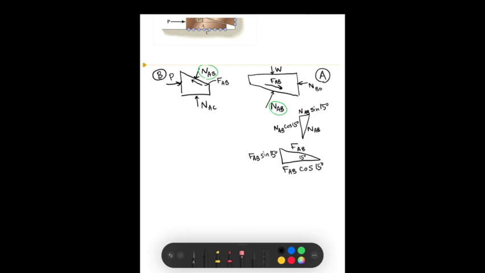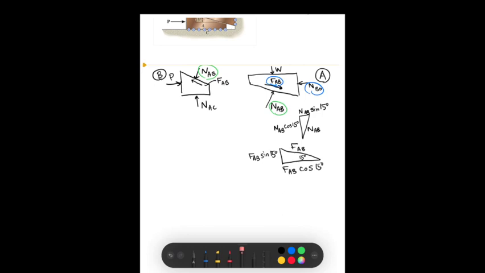Okay, now the issue that we'll have is that there's still more unknowns than the number of equations that we could make. So there's one unknown, two unknowns, 3, 4, and 5. And there's only 4 equations we can make based on x and y equilibrium for the two free body diagrams.